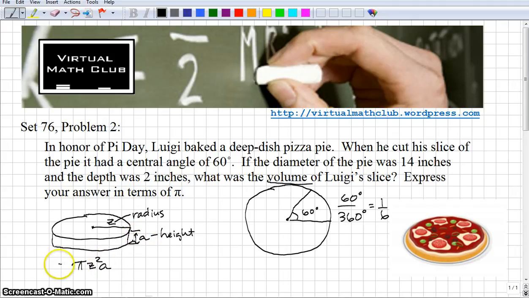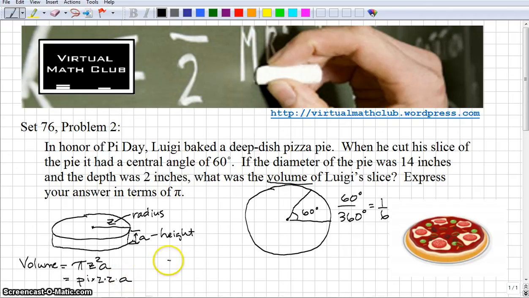So this is the area of the base times the height. This is the volume of the whole pizza. If I were to write this out, it's pi times z times z times a. So that's convenient. It spells pizza even.